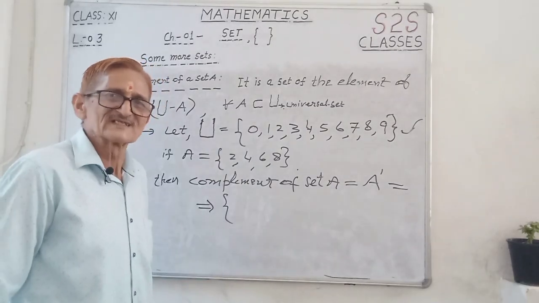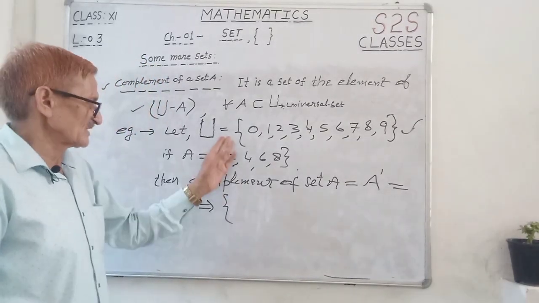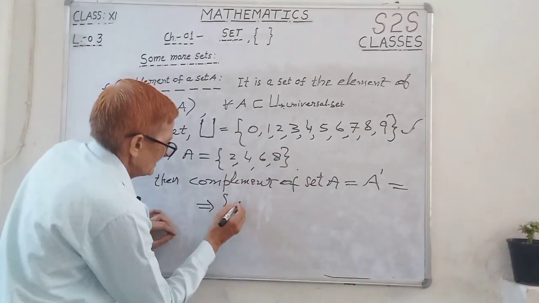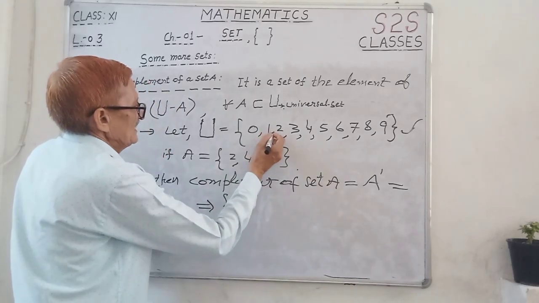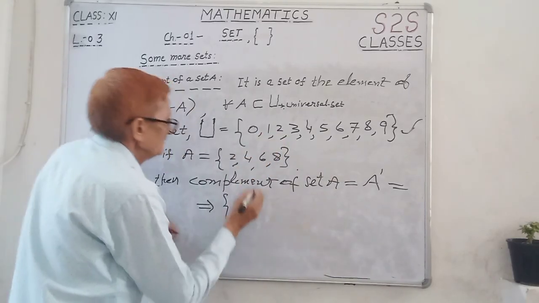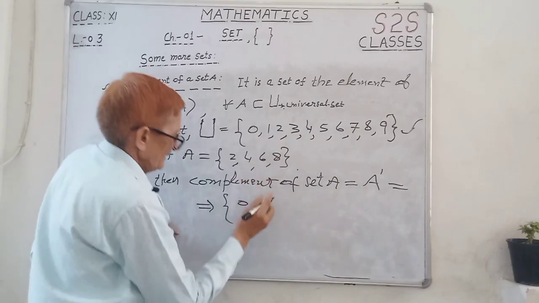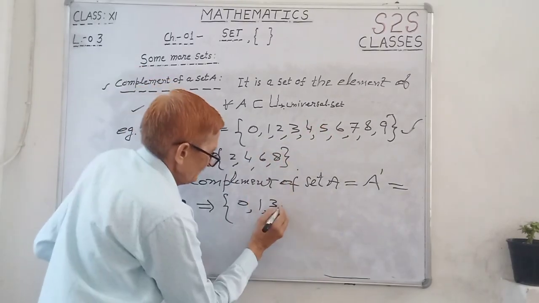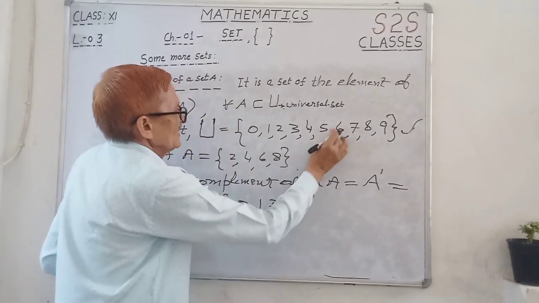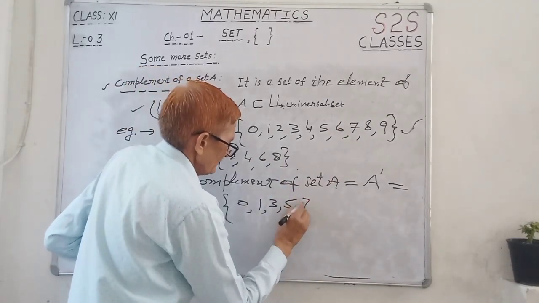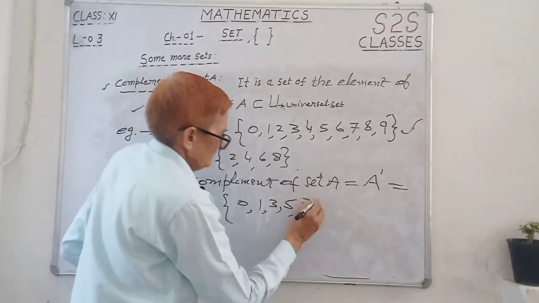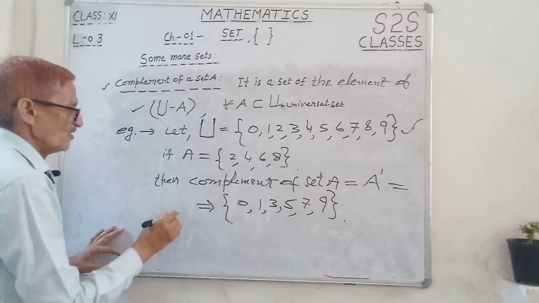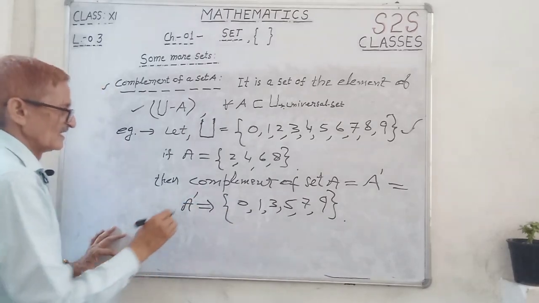So U minus A is equal to the remaining elements: 0, after deleting common 1, 2 deleted, 3, 4 deleted as common, then 5, 6 deleted, then 7, 8 deleted, then 9. This is the complement of A. Clear?